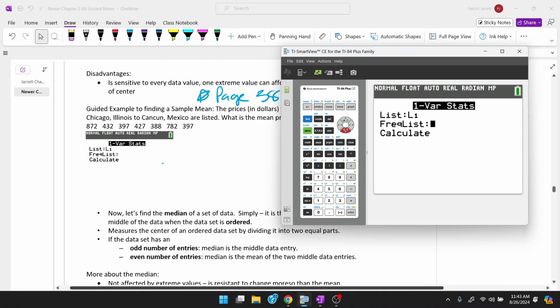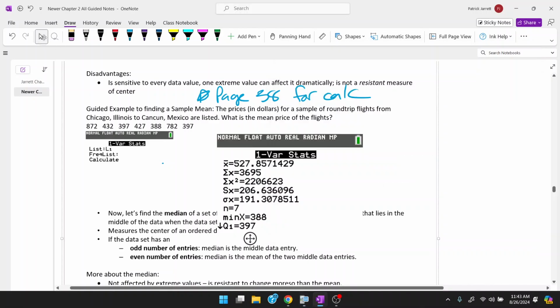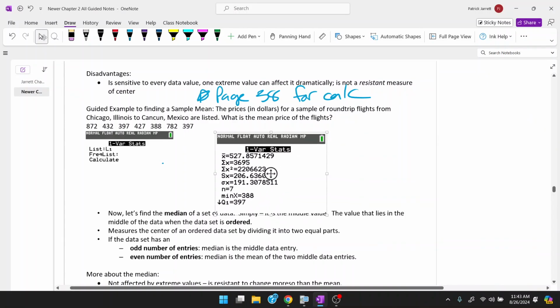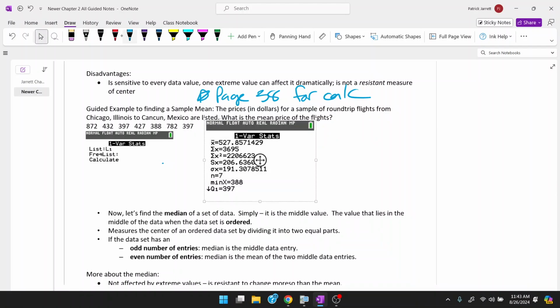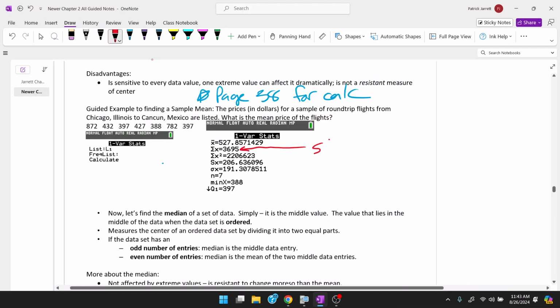So I go to calculate this, and if you added up all 7 of those pieces of data, this sigma x is literally the sum of $3,695.